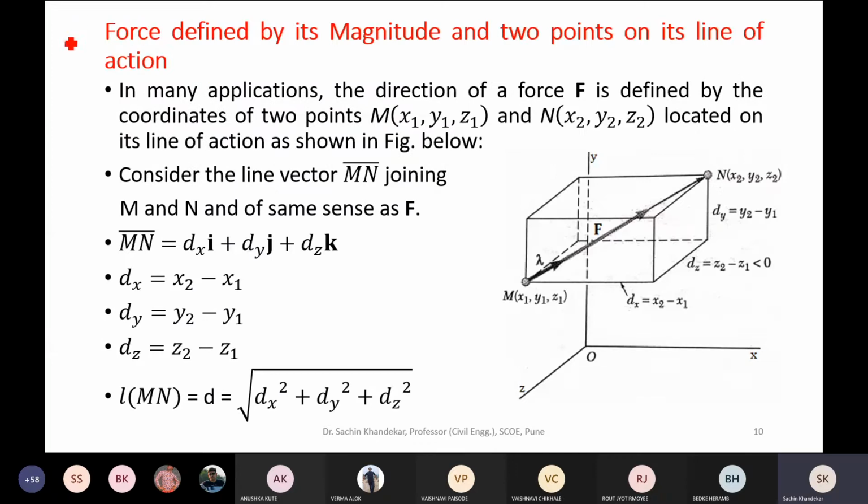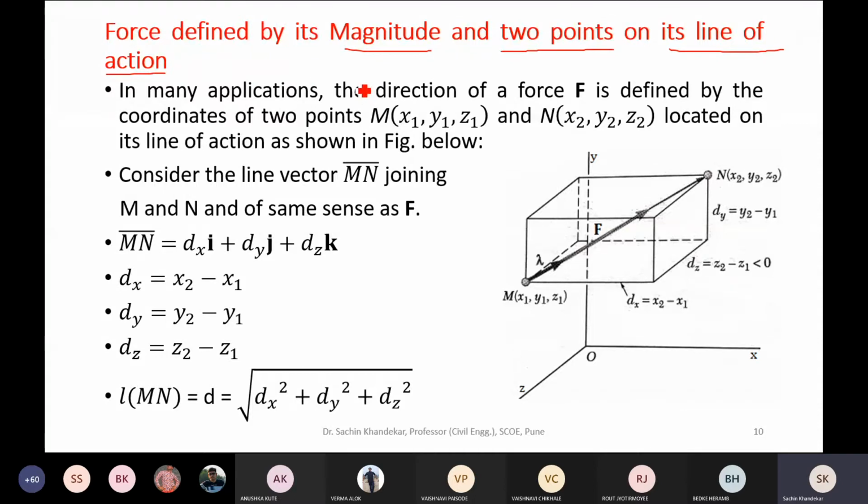Now we will discuss today's class. This is a very important case: when a force is defined by its magnitude and any 2 points on its line of action. In this case, how do we resolve that force into its 3 rectangular components?